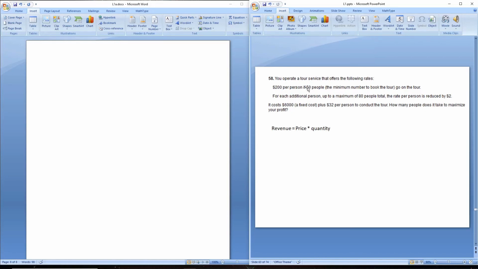Likewise, if you only had 10 people come on your bus trip, well, that means 10 people at $200 will give you $2,000. So our revenue is price times quantity, and we can write that as an equation, R equals P times Q. And that's what we're getting from this first part at least.